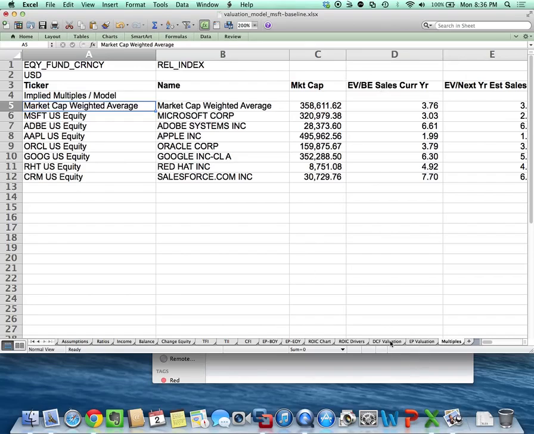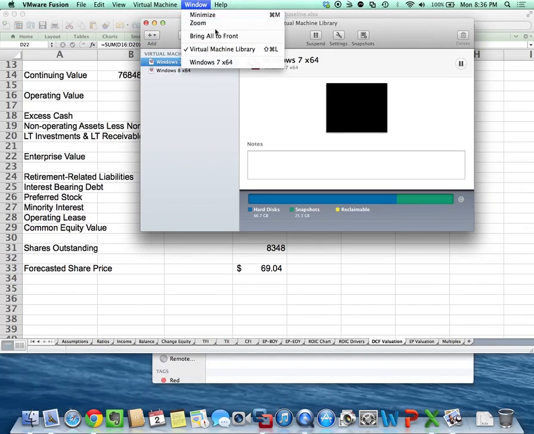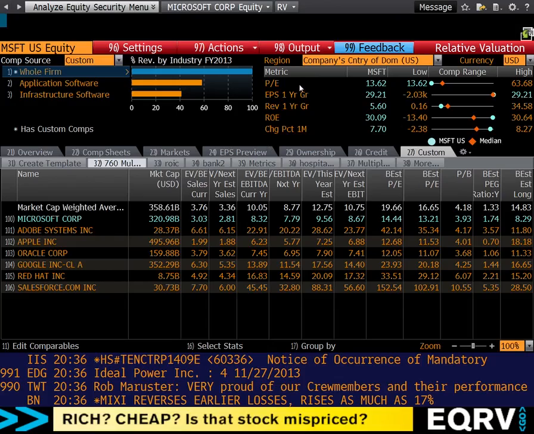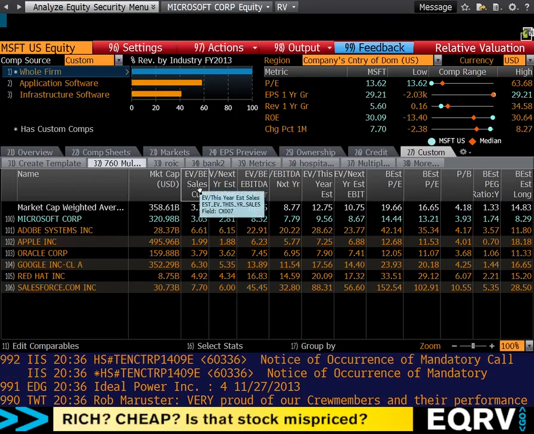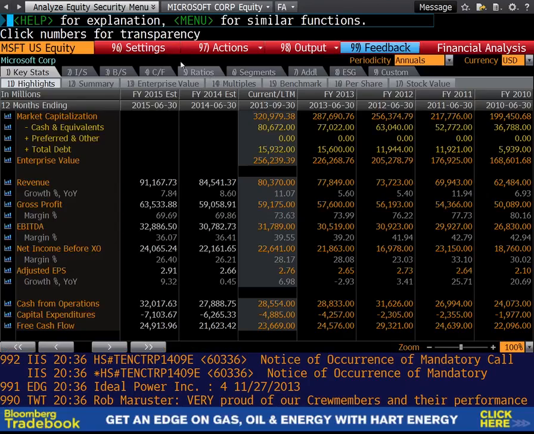Now, one word about our model is that the enterprise value we use in the model is different than the enterprise value that is used by practitioners in the real world. So, here's what's different. If I go back to Bloomberg, and I go back to enterprise value, I can find on the FA screen, the very first tab when I go to financial analysis for my company, is enterprise value.